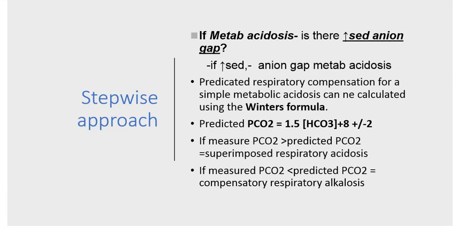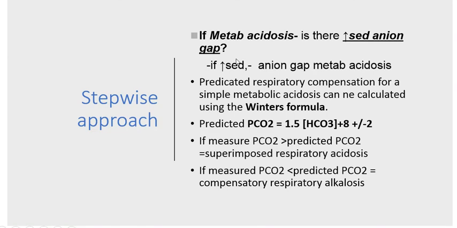Two, you can have a metabolic acidosis with a respiratory alkalosis compensation. And three, you can have a metabolic acidosis as a primary disturbance and a concomitant respiratory acidosis. So those three are the possibilities. Metabolic acidosis, check anion gap. If anion gap is raised, you know the causes. If anion gap is normal, you know the causes, right?